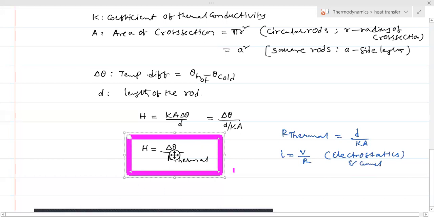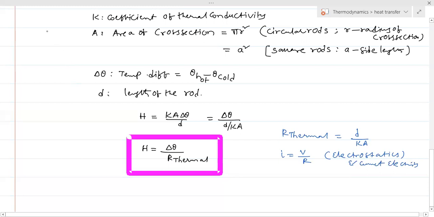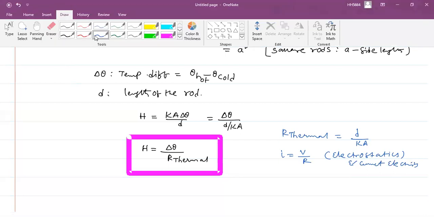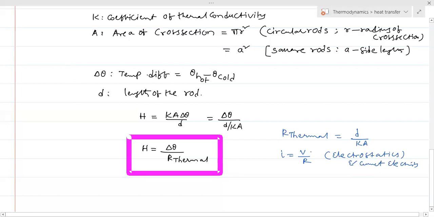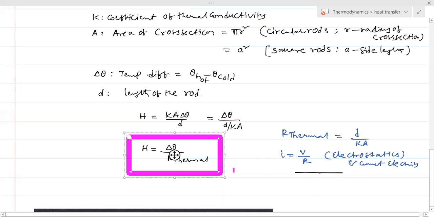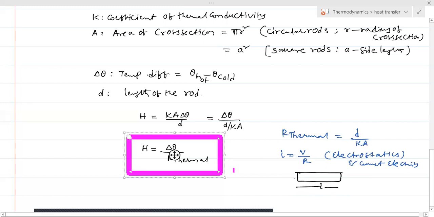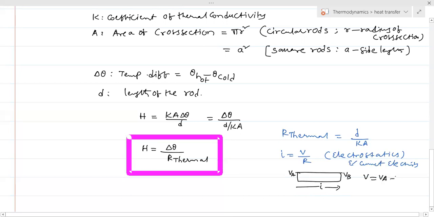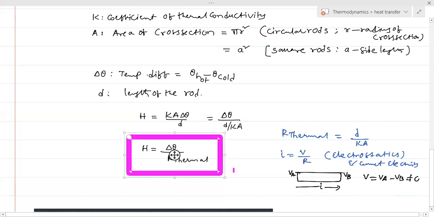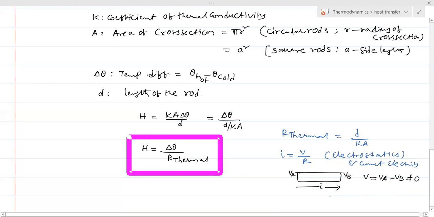When we think of a conductor, we have current flow when there is a potential difference, V equal to VA minus VB. When it is not equal to 0, only then will the electric current exist.